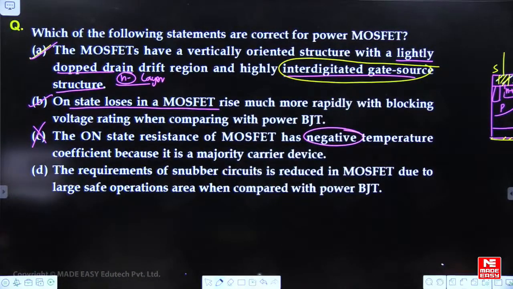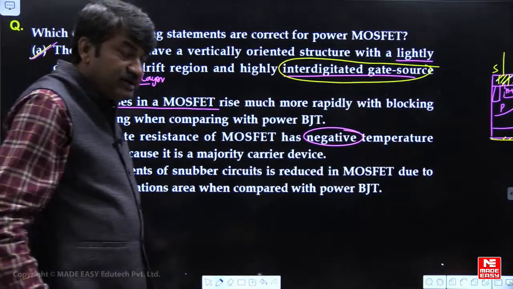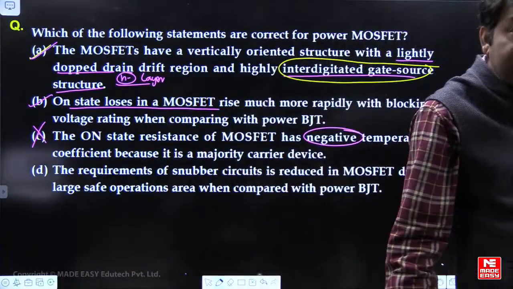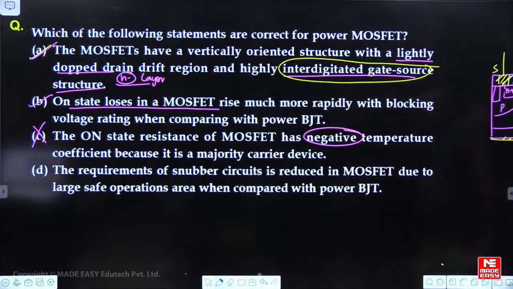Next, the last statement. Go through the last statement, dear students. The requirement of snubber circuits is reduced in MOSFET due to the large safe operating area when compared with power BJTs. Is the last statement true or false?